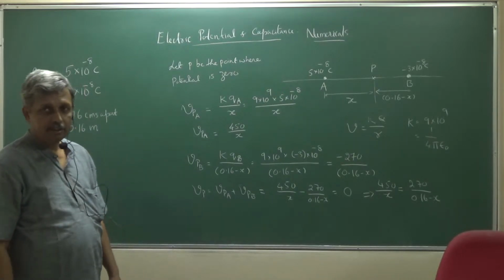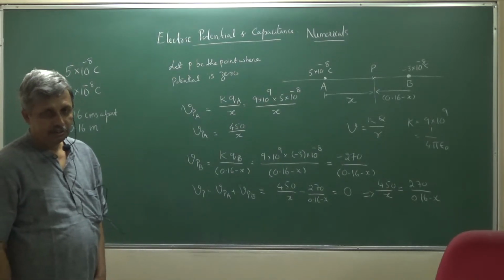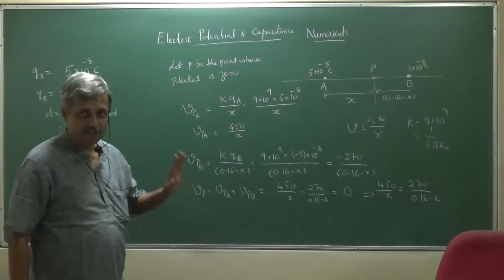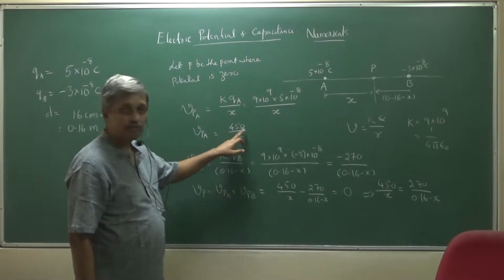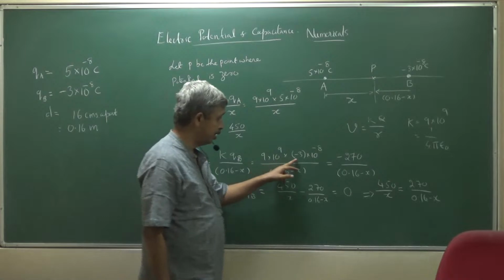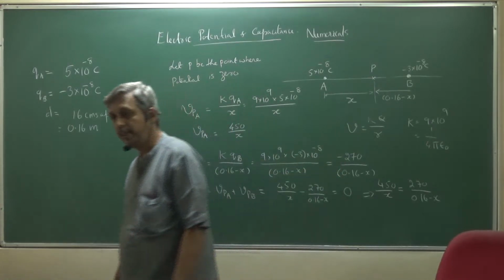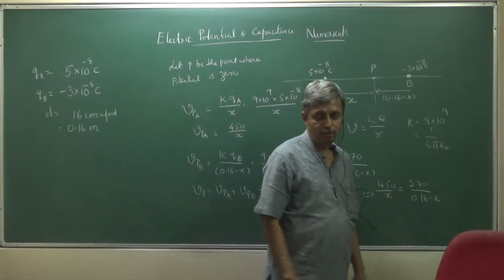Now I'll tell you some interesting things. We have taken effort to multiply 9 into 5 and got it as 450. Similarly, we have taken effort here to multiply 9 into 3 into 10 and got it as 270. Now we want to find out how to simplify these.